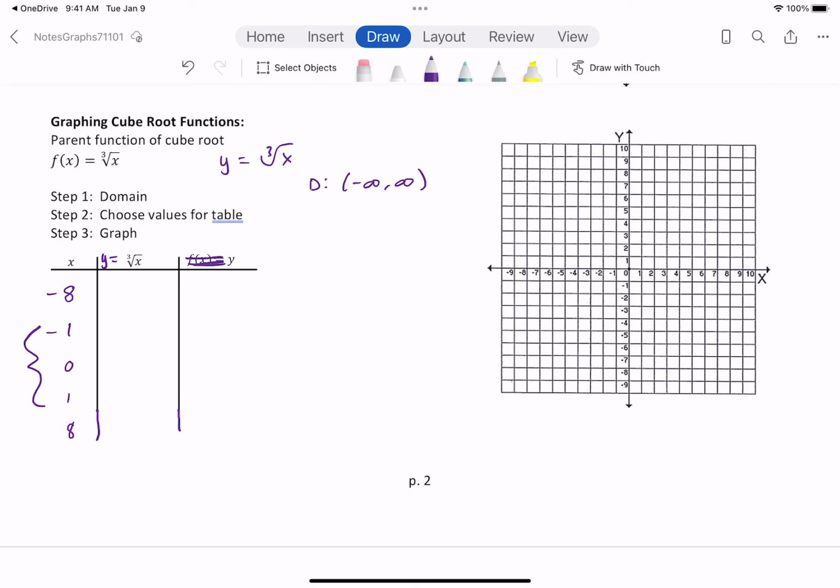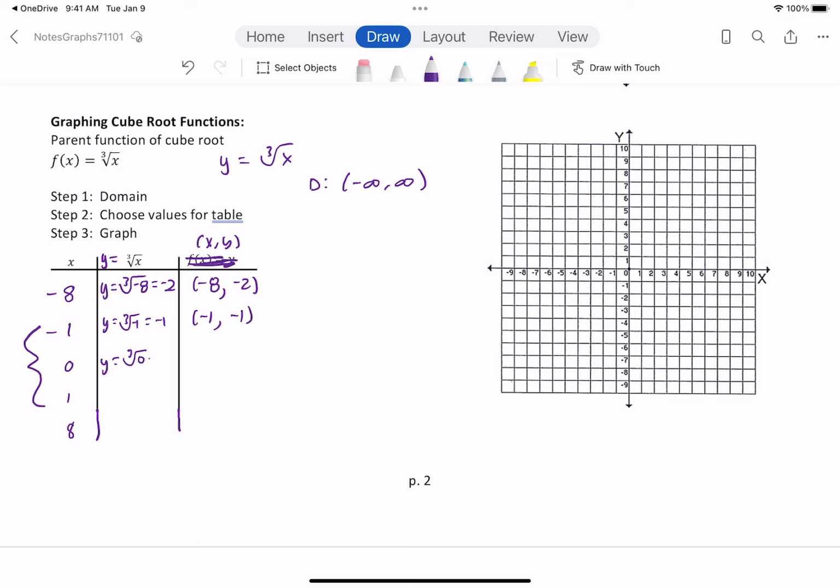So again, I'm going to use y equals cube root of x in the middle and then have the ordered pair over here. So if I plug in my x value, the first one, if x is -8, the cube root of -8 is -2. And if I plug in -1, the cube root of -1 is -1.